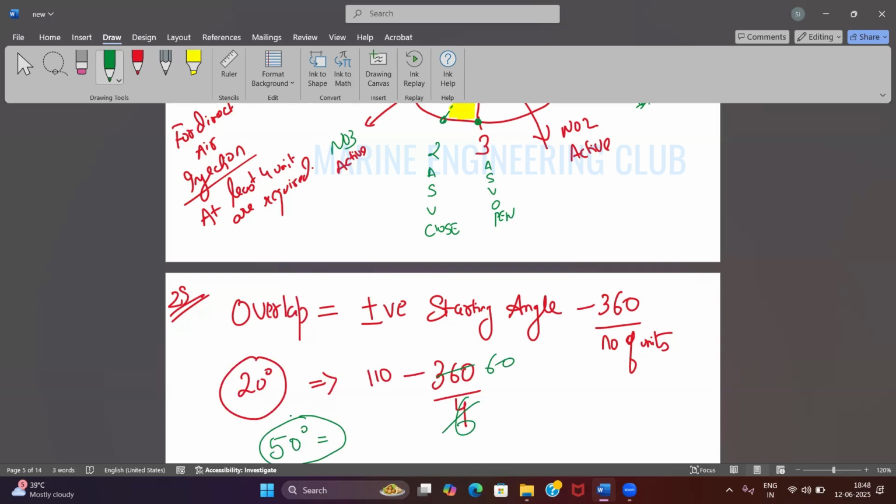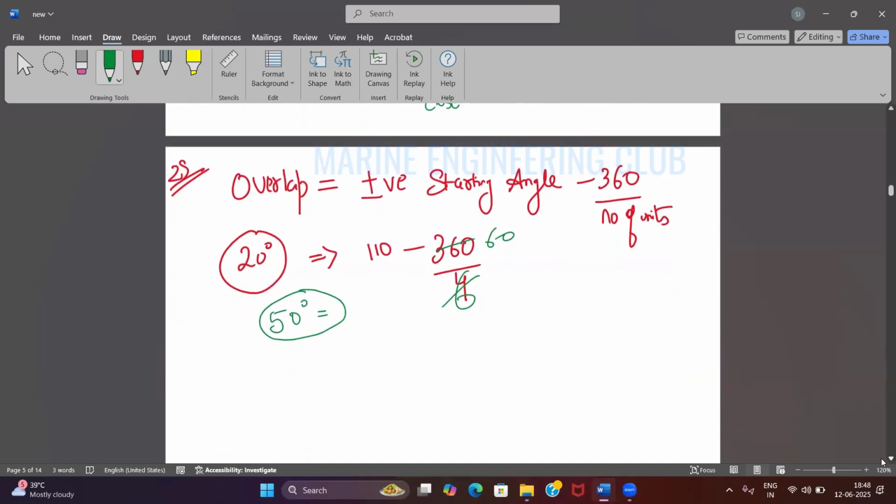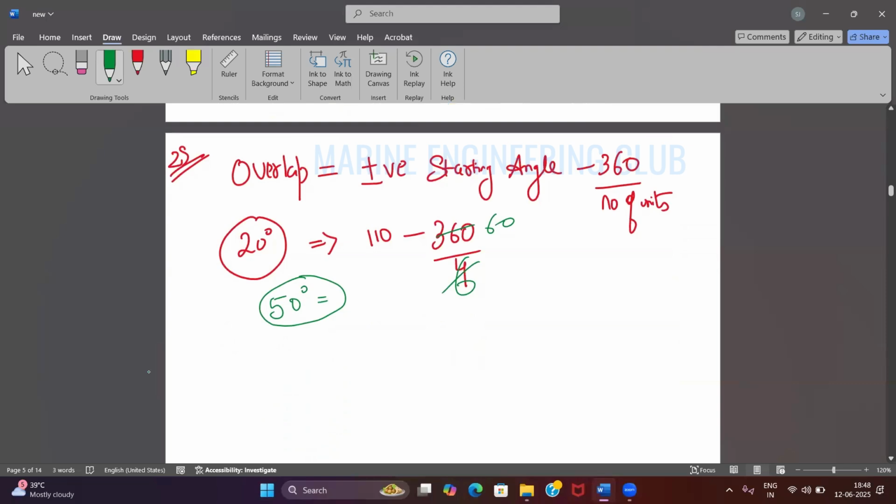Agreed? Yes, sir. More the overlap, better your engine will start at any given point. The more overlap there is, that is good for your engine. For two stroke, minimum 4 units are required for direct air injection.